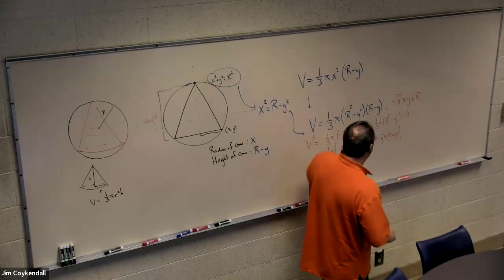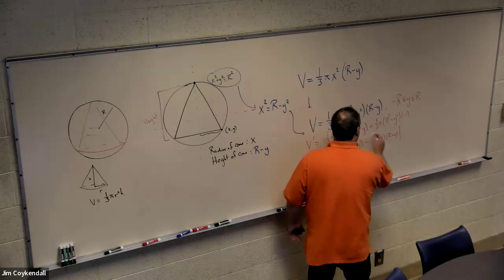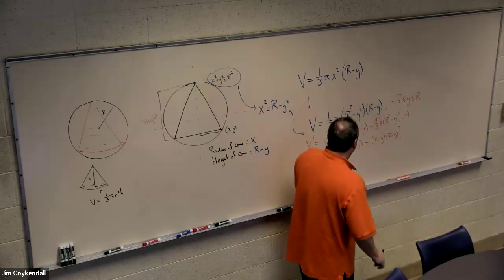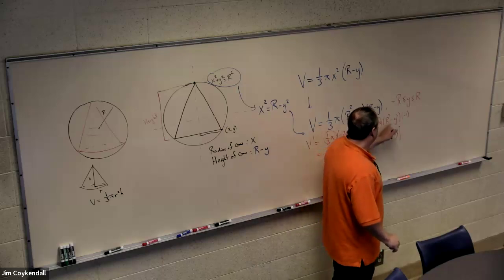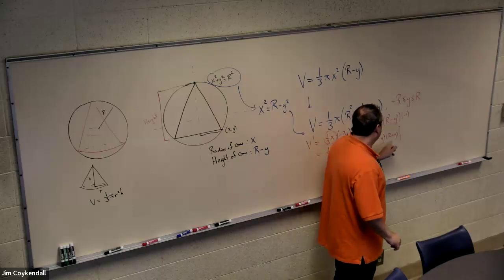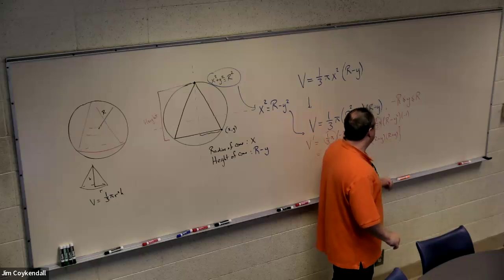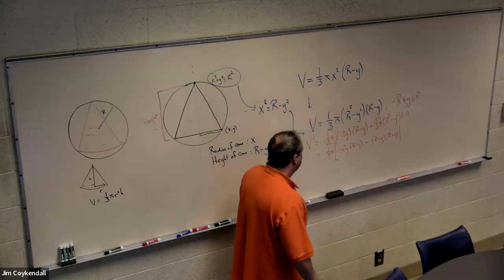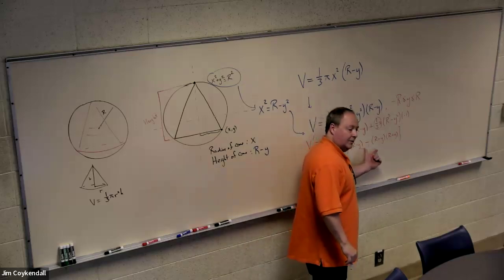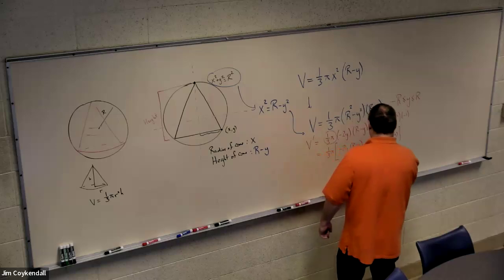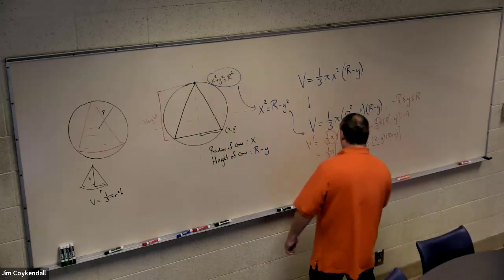So I pull the 1/3 pi completely out of this. This leaves me the first term with minus 2y (r minus y), and in the second term, I wrote this as (r minus y) plus y. And the reason I'm able to do this is now I see a common factor of (r minus y) here, and I'm going to pull that out.